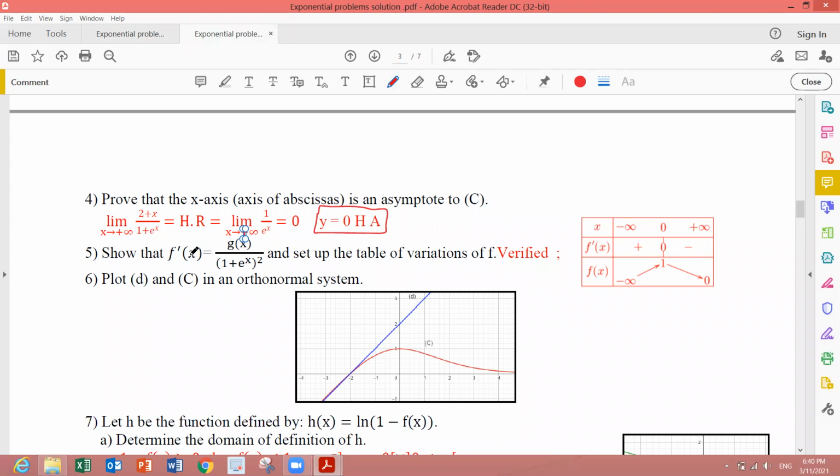Part 5, show that f prime x equals g(x) over (1 plus e to the x) squared, and set up the table of variations.